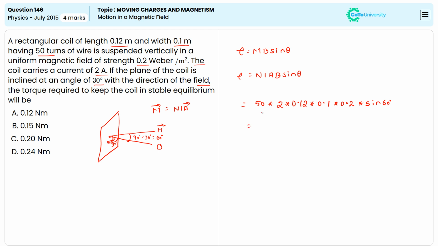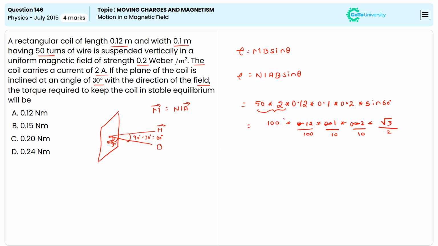Then simplify this. 50 into 2 is equal to 100, and 0.12 into 0.1 into 0.2 into sine 60, which is nothing but root 3 by 2. If I want to remove all these decimals, then this becomes 100, this becomes 10 and this becomes 10.